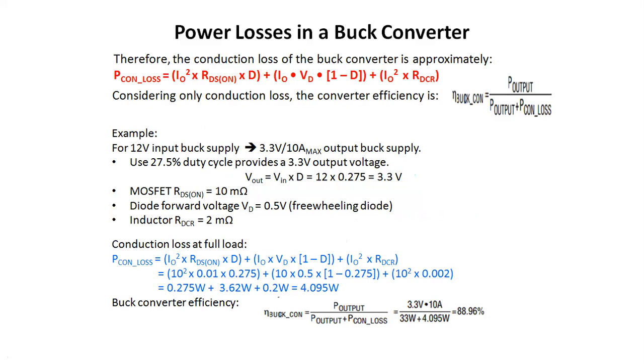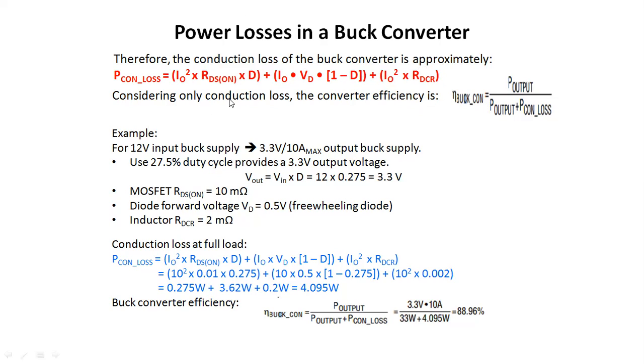Therefore the conduction loss of the buck converter is approximately the conduction loss of the transistor plus the conduction loss of the inductor plus the conduction loss of the diode. So that loss will be because of these three.